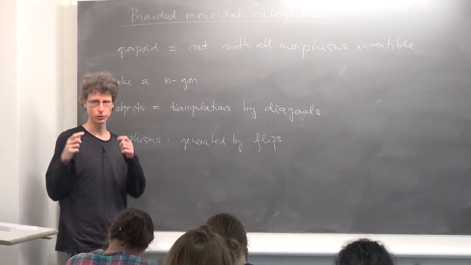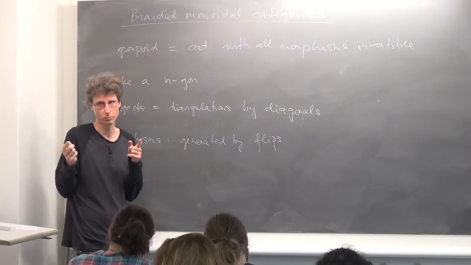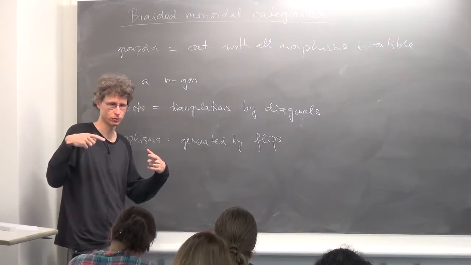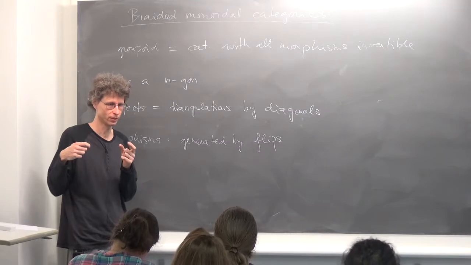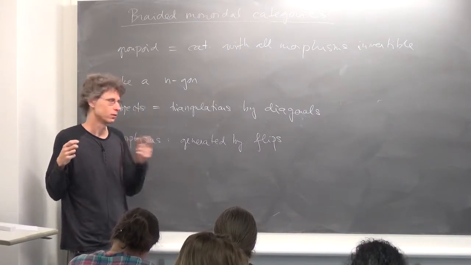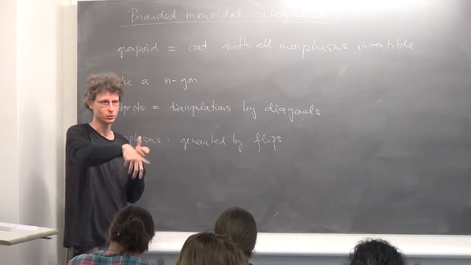This means that for any flip, we have a particular morphism going from the first triangulation to the second triangulation. And generated by means that we can now start formally composing those flips.